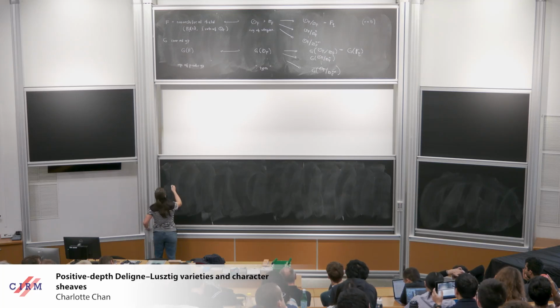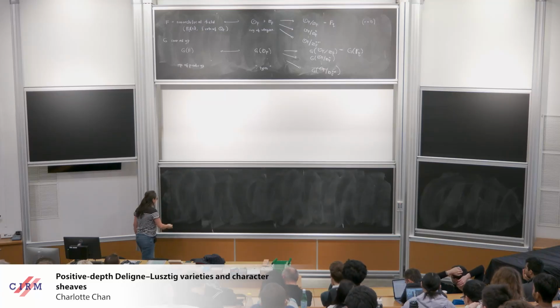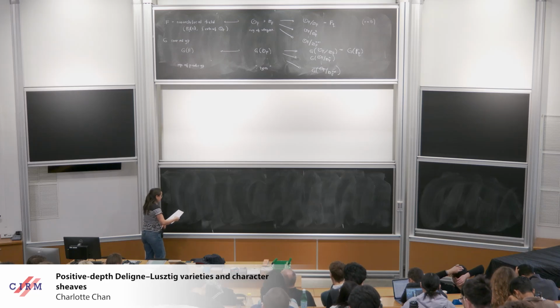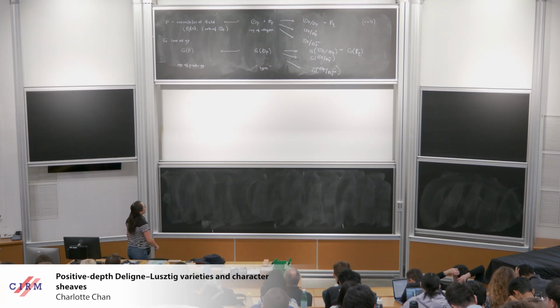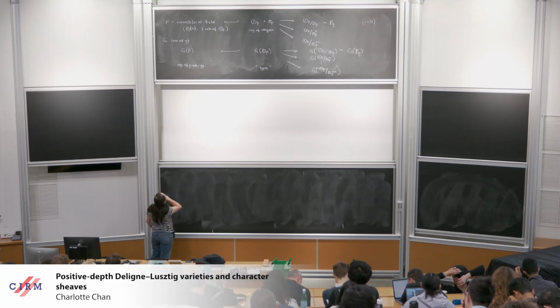Okay, so I think maybe the title of this week is called Geometric Representation Theory Around the Langlands Program, something like this. And geometric representation theory means many things. So let me be clear about what I mean in these lectures.